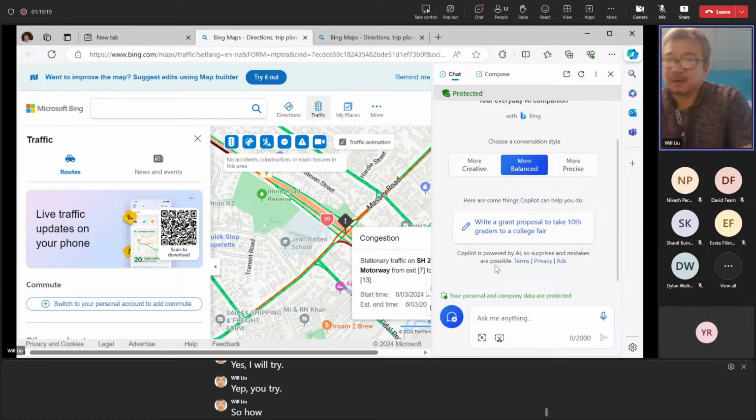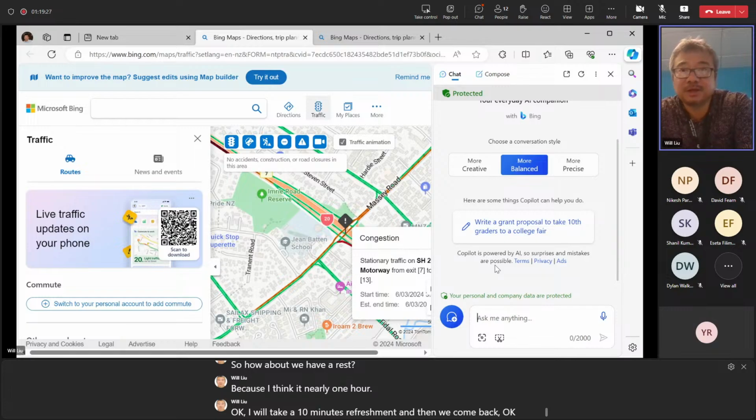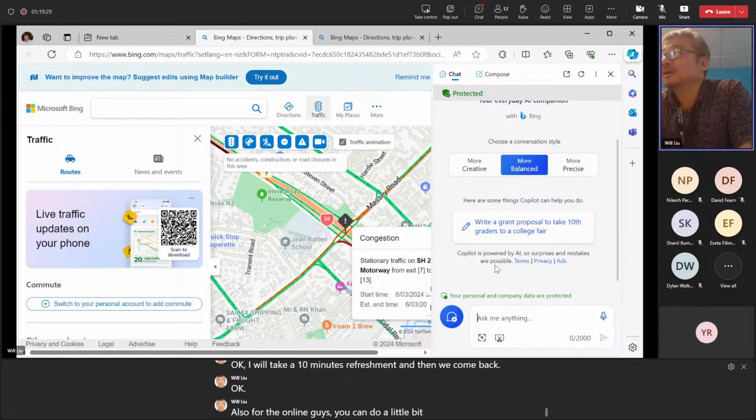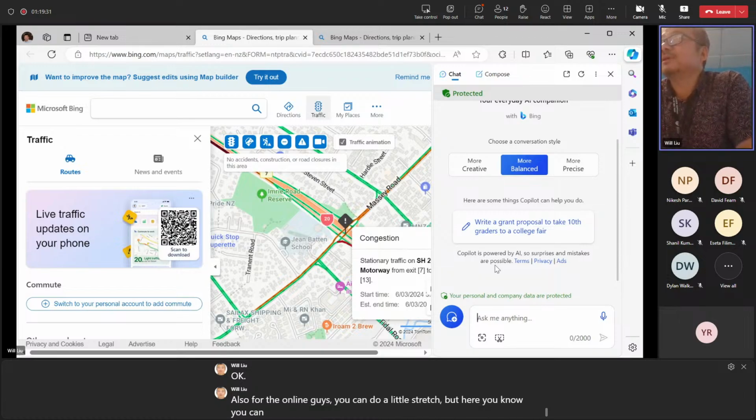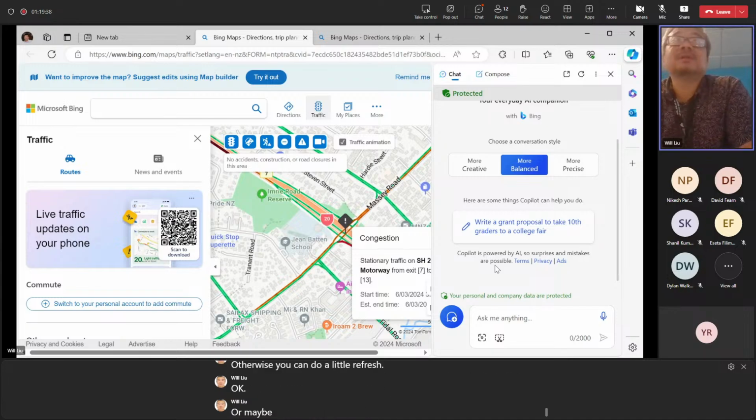So how about we have a rest, because I think it's nearly 1 hour. We take a 10 minutes refreshment, and then we come back. For the online guys, you can do a little bit of stretch, or you can play with Copilot. Let's have a 50-minute refresh.